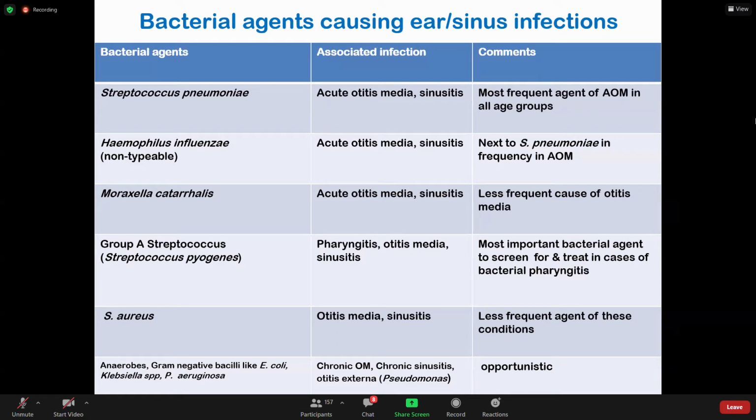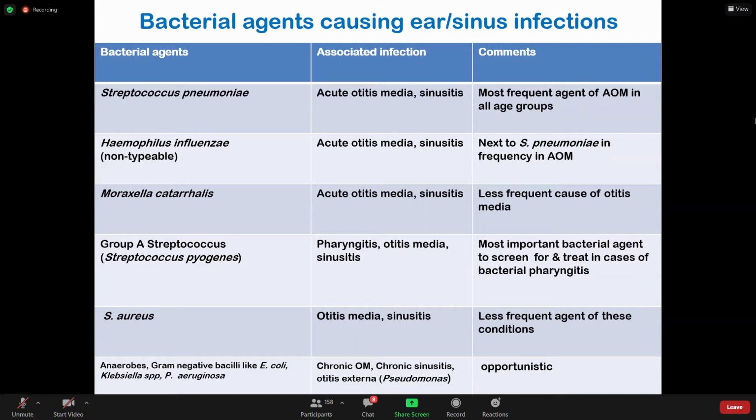Strep pyogenes, which is a group A streptococcus, can cause pharyngitis, it can cause otitis media, and it can cause sinusitis, acute presentation. Remember that this is the most important bacterial agent to screen for and treat in cases of bacterial pharyngitis. I think I mentioned this yesterday, that this is the most important strep species. It can cause chronic otitis media and sinusitis, but it's a less frequent agent of infection.